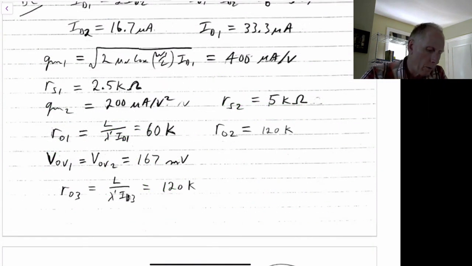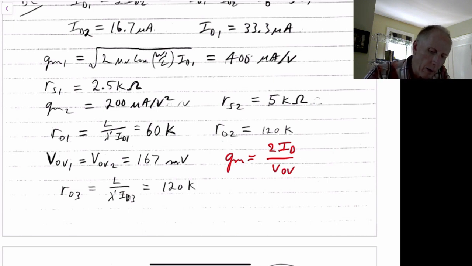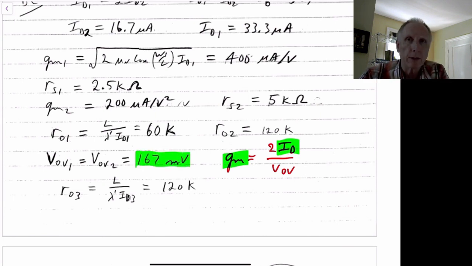We'd also like to know what the V overdrive of M1 and M2 are. Since we know that GM is equal to 2ID divided by V overdrive, and we know the ID and the GM, we can calculate the V overdrive for both these transistors. They end up being the same, equal to 167 millivolts, which we'd expect because the gate to source voltage is the same for both of them, and the threshold is the same, and the currents have naturally scaled.